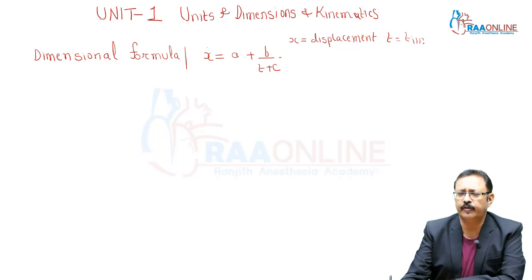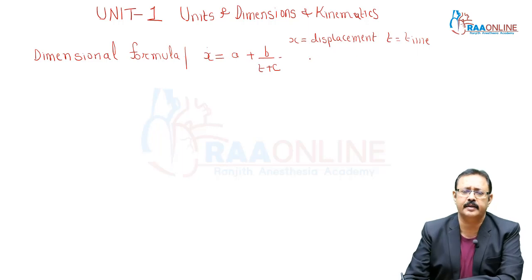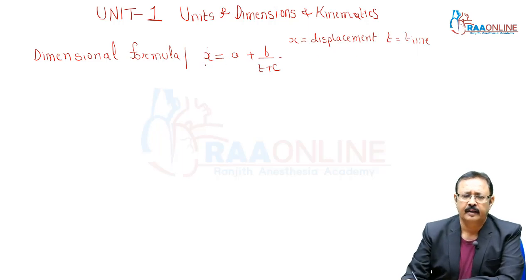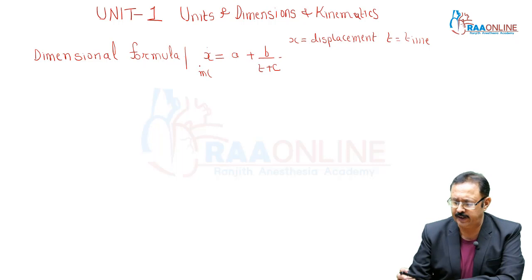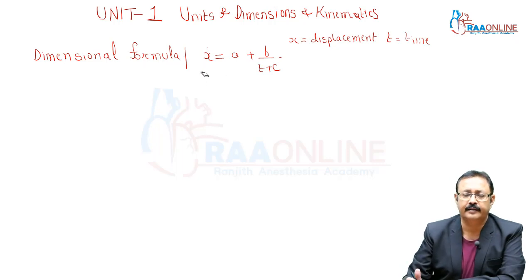Find the dimensional formula for A, B and C. X is displacement. Its unit should be the unit of length. Suppose I am doing the problem in SI units. So X is in meter. The unit is meter and the physical quantity is length.